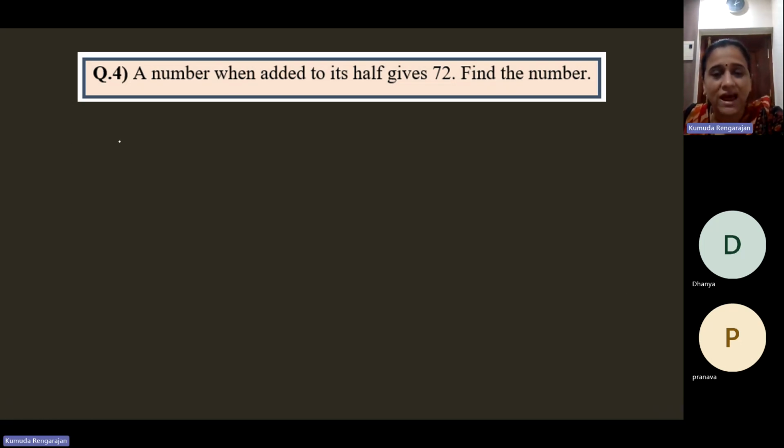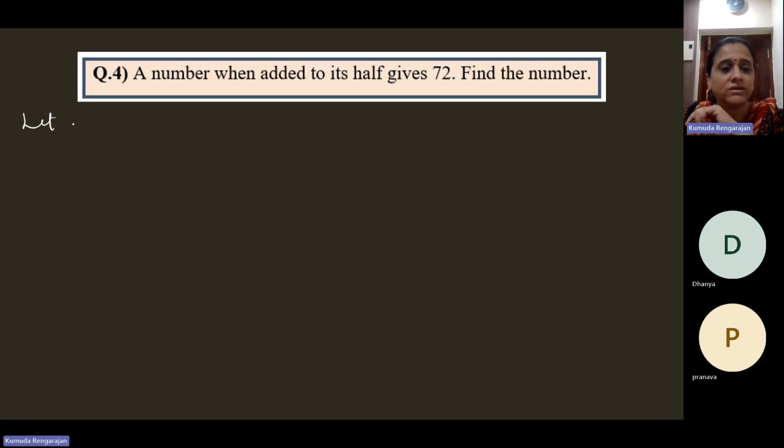A number when added to its half, not when added to half, meaning this half, 1 by 2. When added to its half, what is half of that number? If the number is 50, then its half is 50 by 2. So here if the number is x, its half is x by 2.